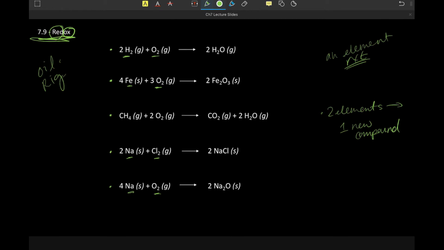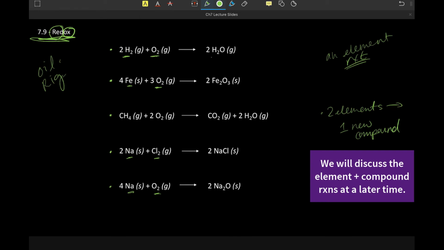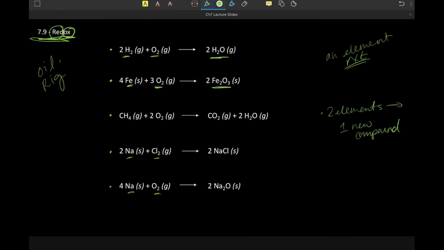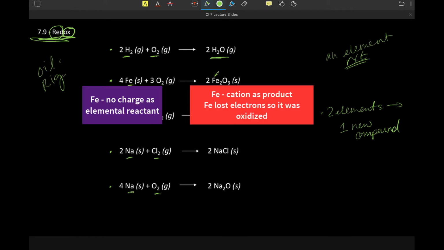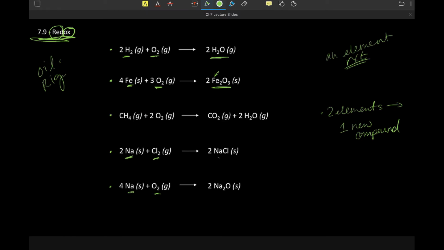So if we look here, hydrogen and oxygen make water. Iron and oxygen make iron oxide, which is rust, and I would have to tell you the charge of iron, but it's a formula worked out based on chapter 5 rules. Sodium and chlorine make sodium chloride, based on chapter 5 rules: sodium is a +1, chloride is a -1, so there's one of each.